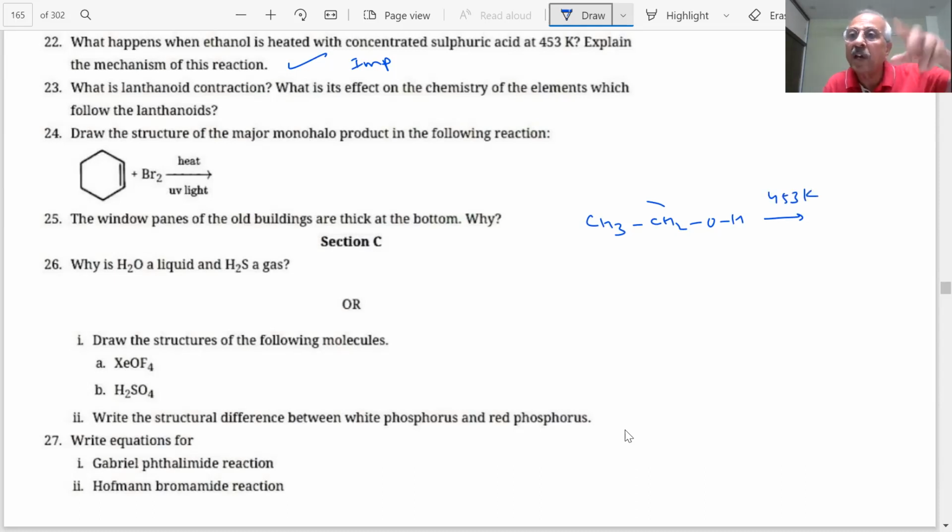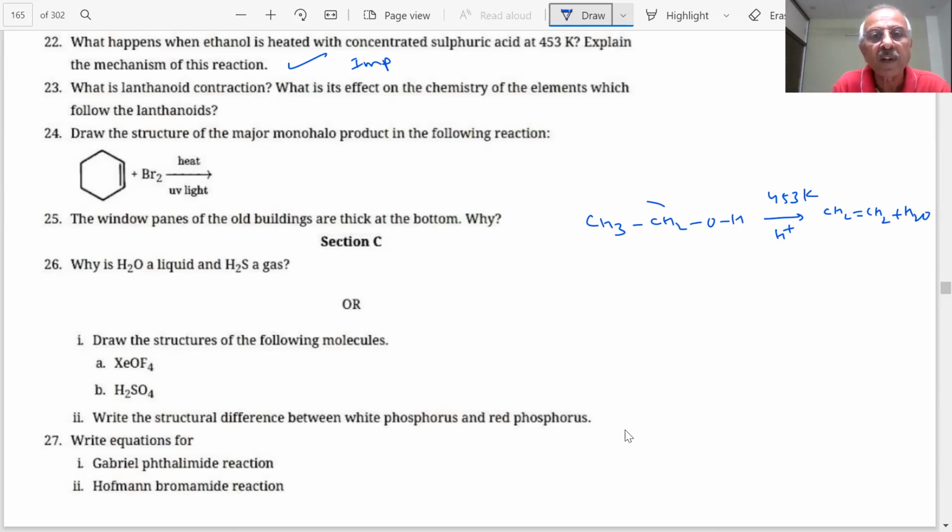At 413 Kelvin, you know, in the NCERT, ethanol is converted into ether, but at a higher temperature, into ethene. The product is already known to you, CH2=CH2. So you will get ethene, student.